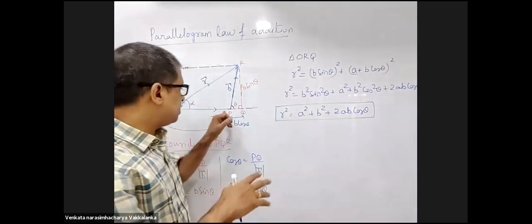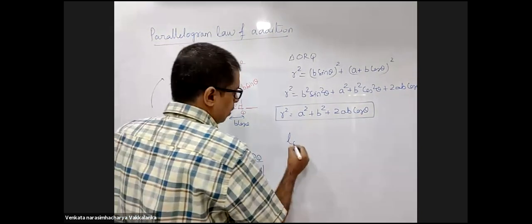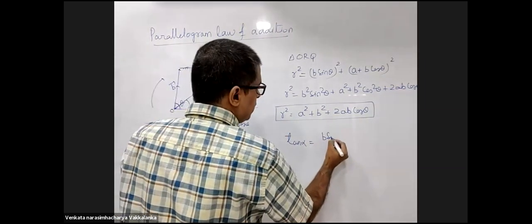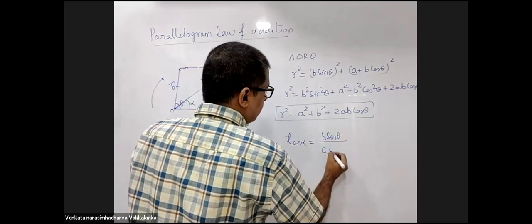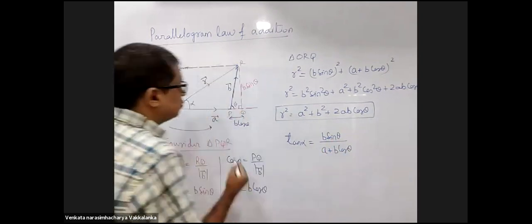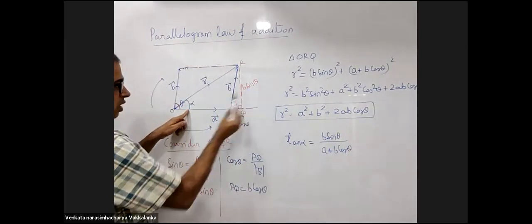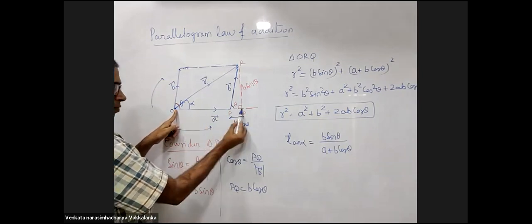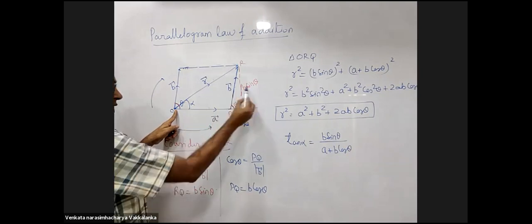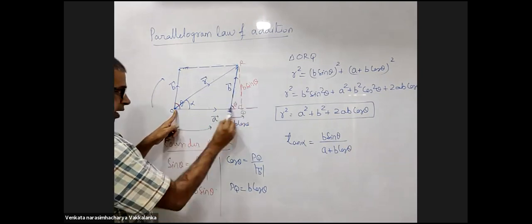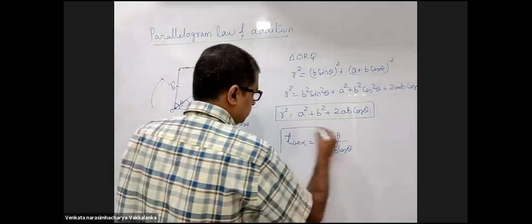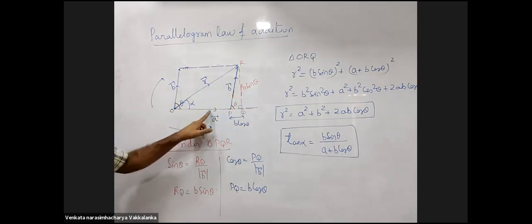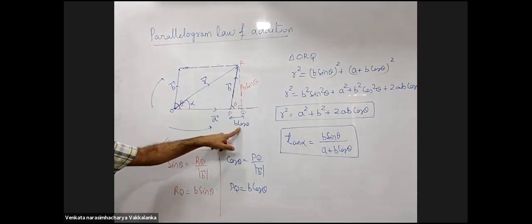If I know the angle which it makes with this, tan alpha is B sine theta divided by A plus B cos theta.